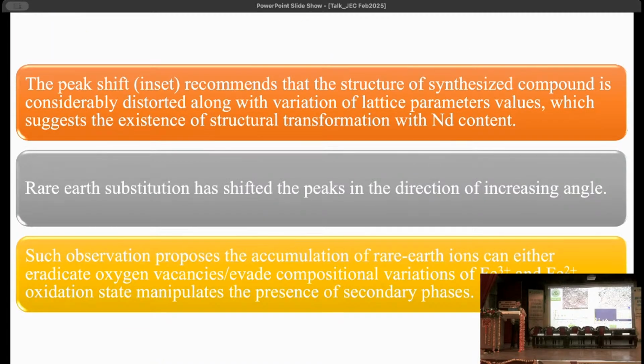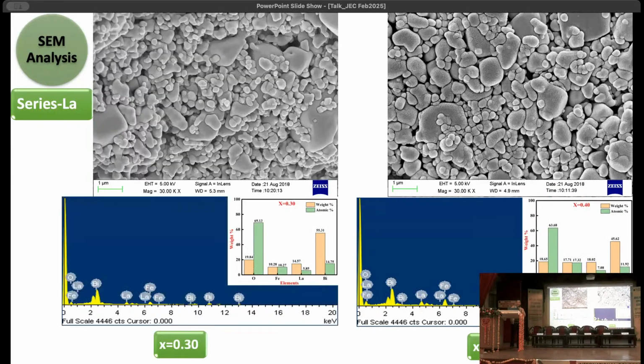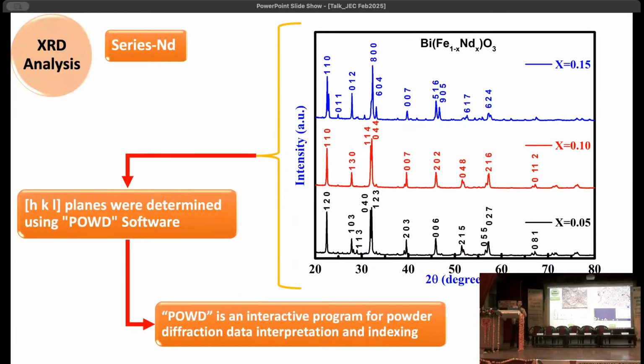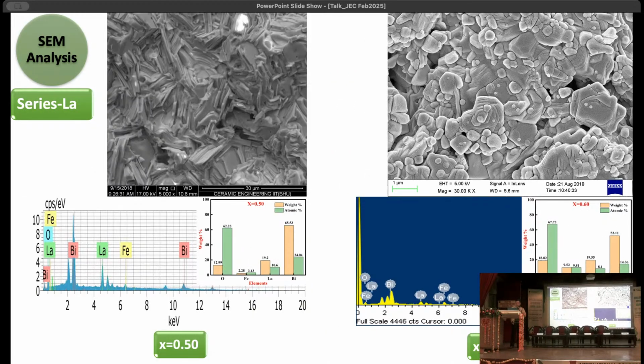And the lower diagram confirms the EDX of the same image. Why EDX? Because it confirms the elemental presence of iron, lanthanum, bismuth in their elemental composition. So it confirmed that whatever reagent we have taken initially, the raw material, is still available in the resultant.